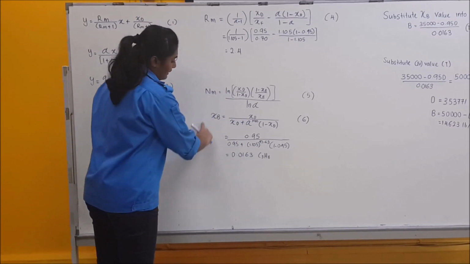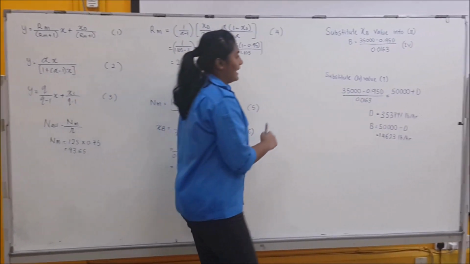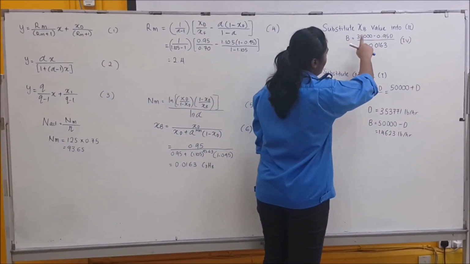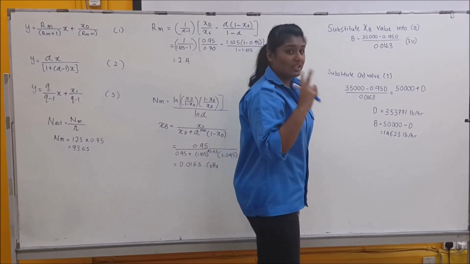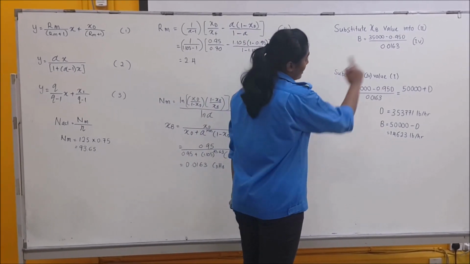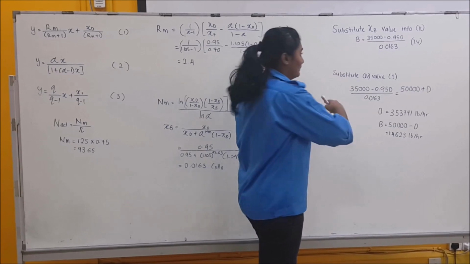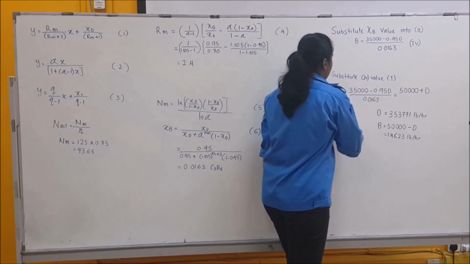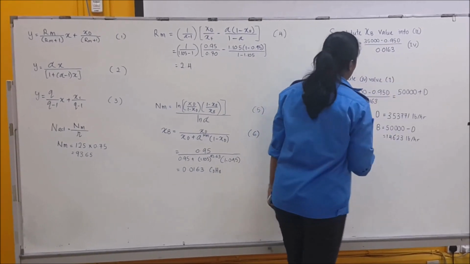We already got the value for XB. Then we can substitute the value of XB into equation number 2, which was shown previously, and we will get equation number 4.